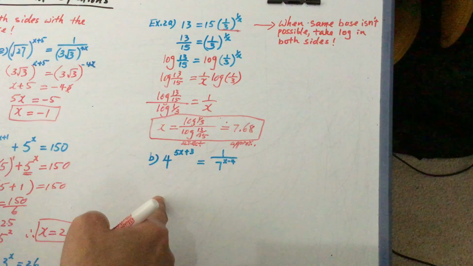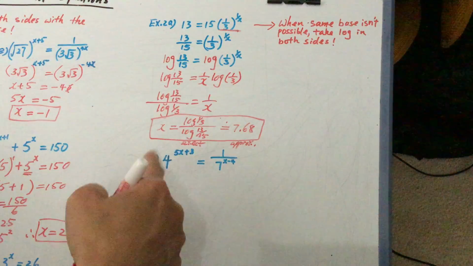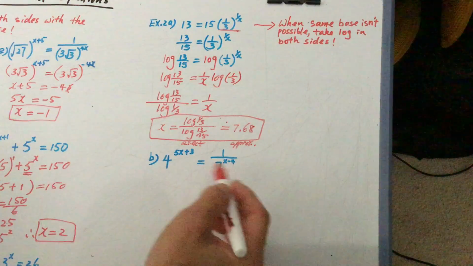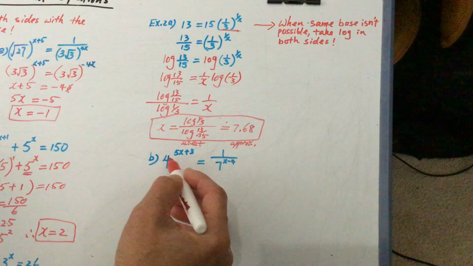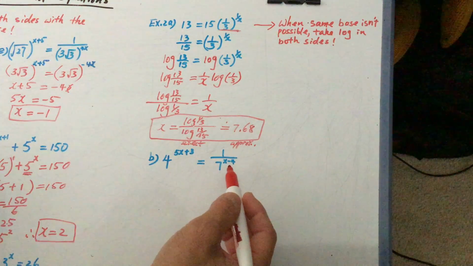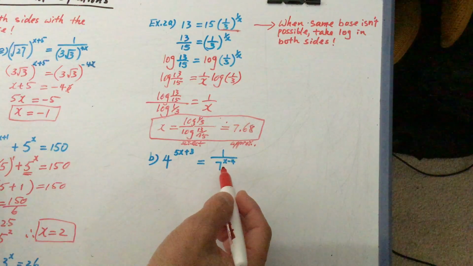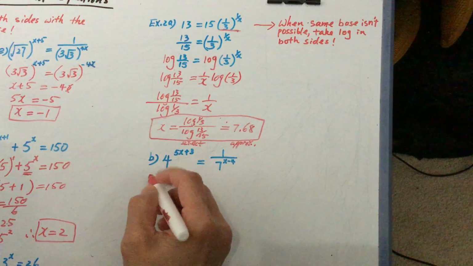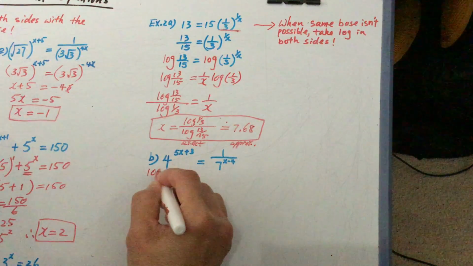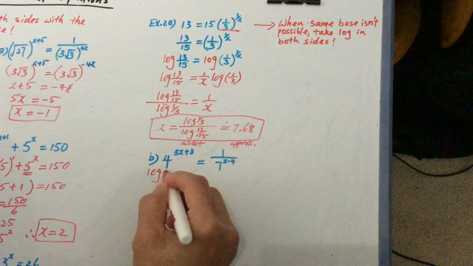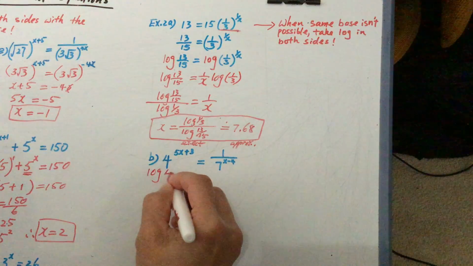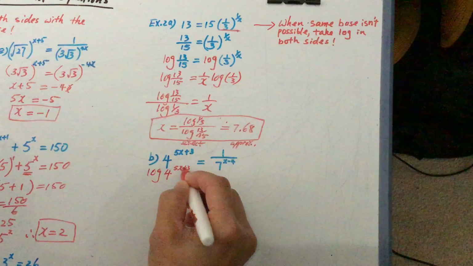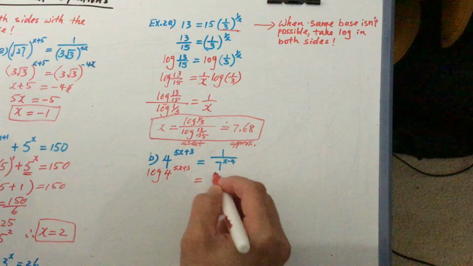Part B, 2B, is where again you have exponents with x on one side and the other side is there, but as you can see, between the 4 and the 7, there's no way that you can make both bases the same. So you have to take the log of both sides, like what we did above. Once you take the log of both sides, the base is going to be 10.